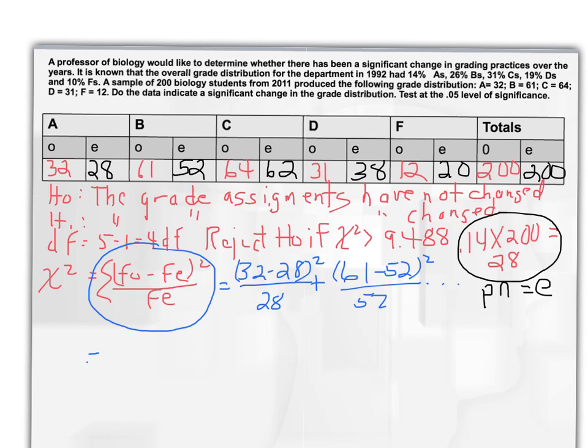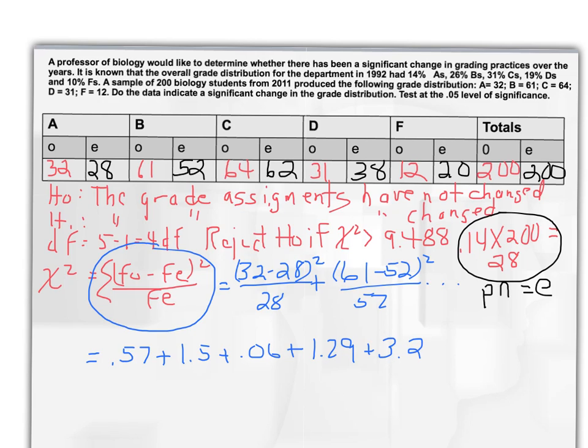If you do that correctly, you will get a 0.57 for cell 1, to which you'll add 1.5 for cell 2, 0.06 for cell 3, 1.29 for cell 4, and a discrepancy of 3.2 for cell 5.